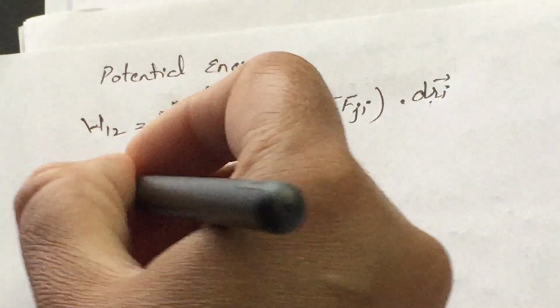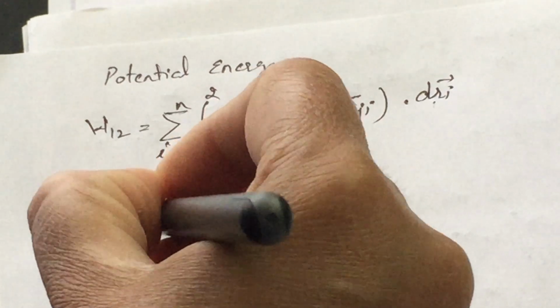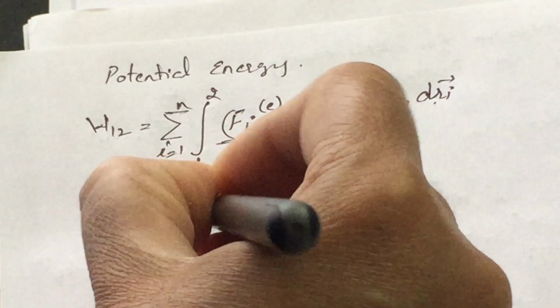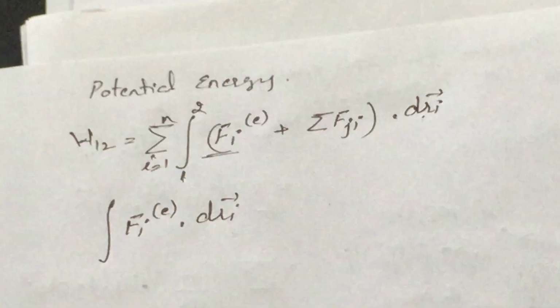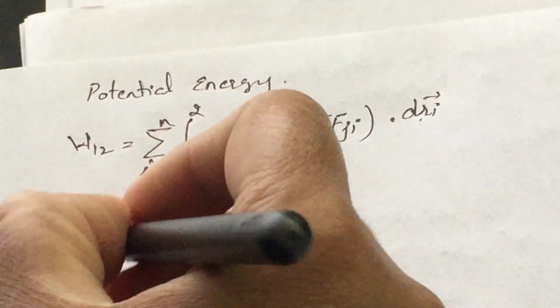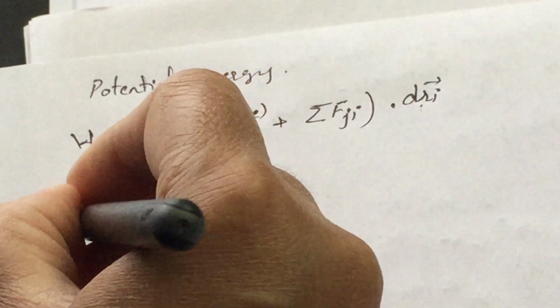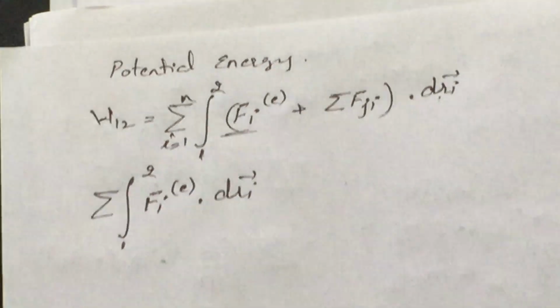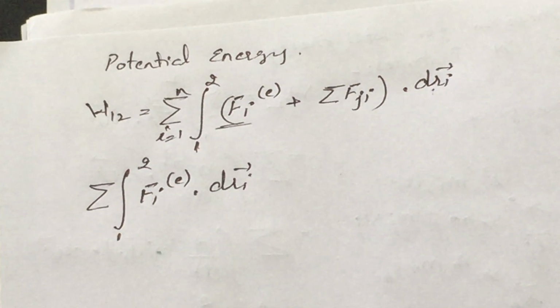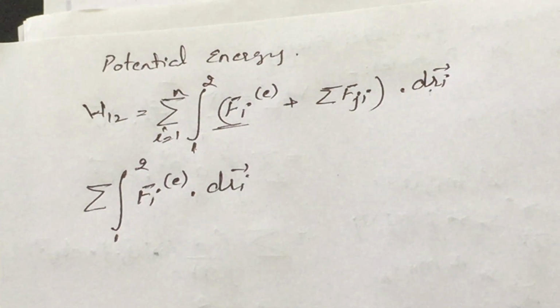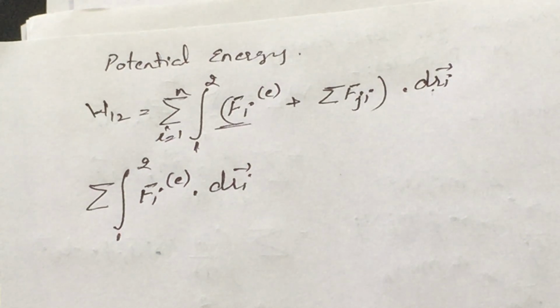If we take the external forces, we get fi, the external force on the ith particle, and the change in the position of the ith particle from 1 to 2. If we take the summation, we are talking about the work done by the total external force on the whole system.